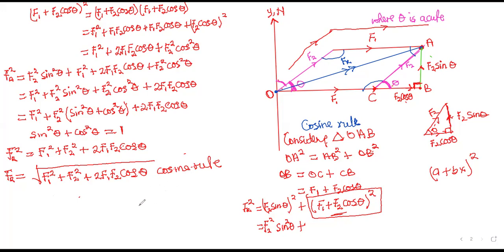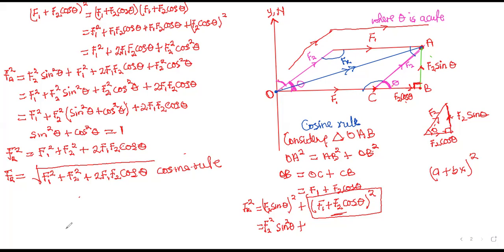So when you resolve the forces into a parallelogram and they obey the triangle law of forces, because it's not a scaled drawing, you use the cosine rule to find the resultant force. How do we determine the direction? We can determine the direction using the same thing.